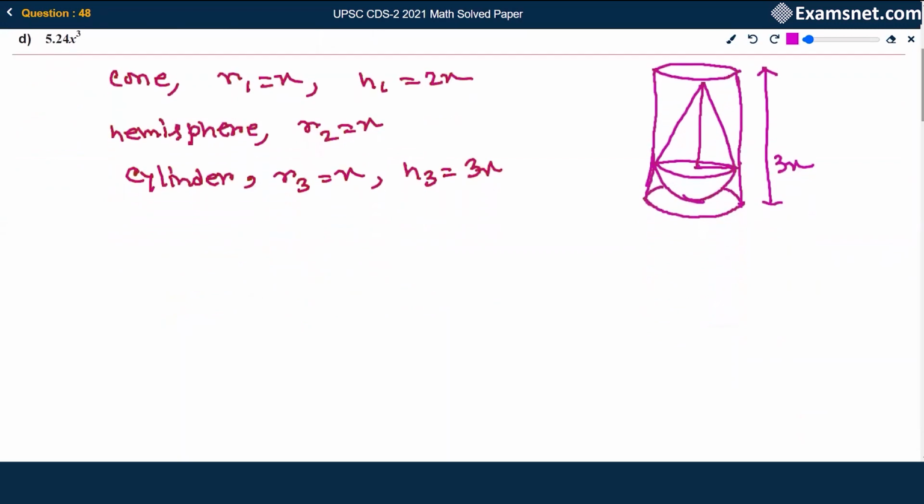Now when the solid is placed into the cylinder, the water equal to the volume of the solid will be overflowed or emptied.